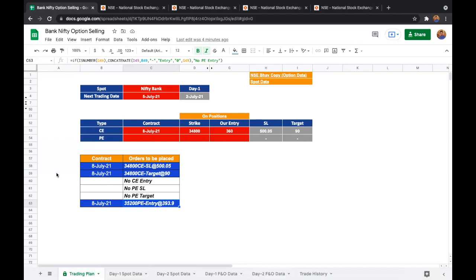Those who have a sizable amount of capital can start trading this with the system, and we suggest that you start trading it only if you have at least 2.5 to 3 lakhs in your account, and trade with one lot, because we don't believe that you should risk more than 2 to 3% of your capital on a single trade.